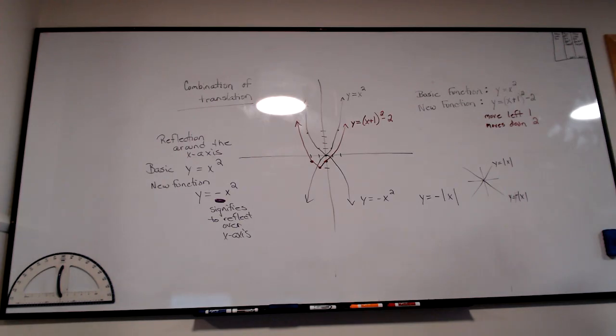Okay? So if I had y equals 2 to the x power, okay, that basic function comes up, goes like this. If I don't put it in parentheses though, this is y equals 2 to the x.